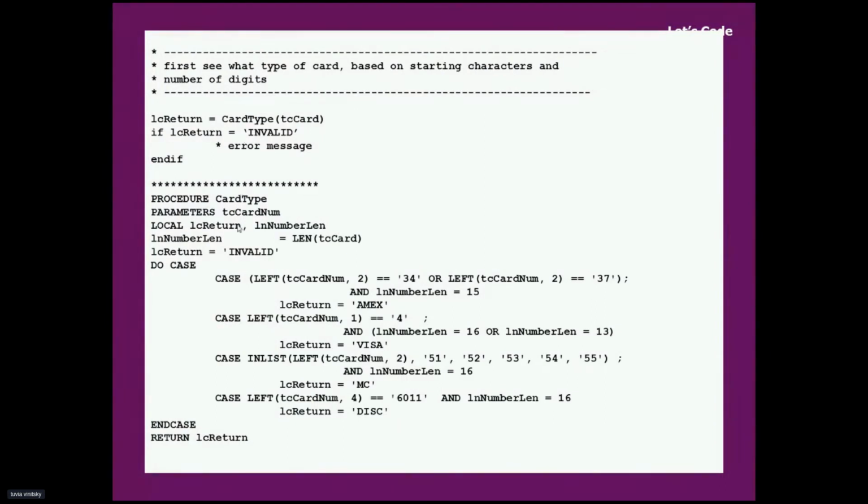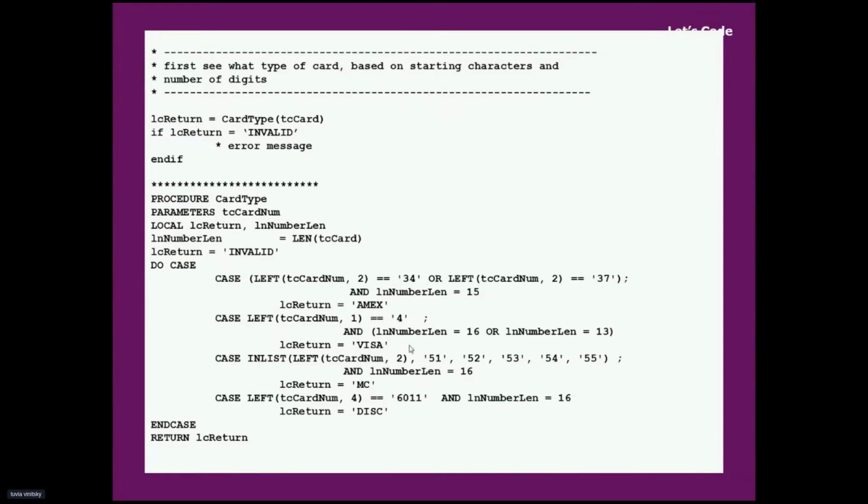So I send a card number, and it's pretty much a very simple algorithm. If the card number starts with 34 or 37, it has to be 15 characters long. If it starts with a 4, then it can be 16 or 13.